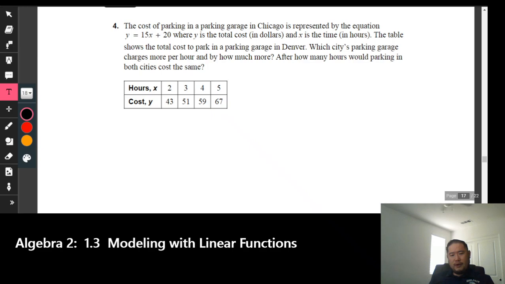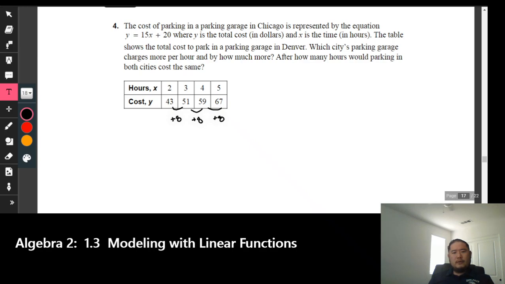From 43 to 51, that's plus 8. 51 to 59, plus 8. And 59 to 67, that's also plus 8. So see, there's that consistency. For every point, it's going up 8. And my values of x are going up plus 1 each and every time. So that tells me that this is linear.